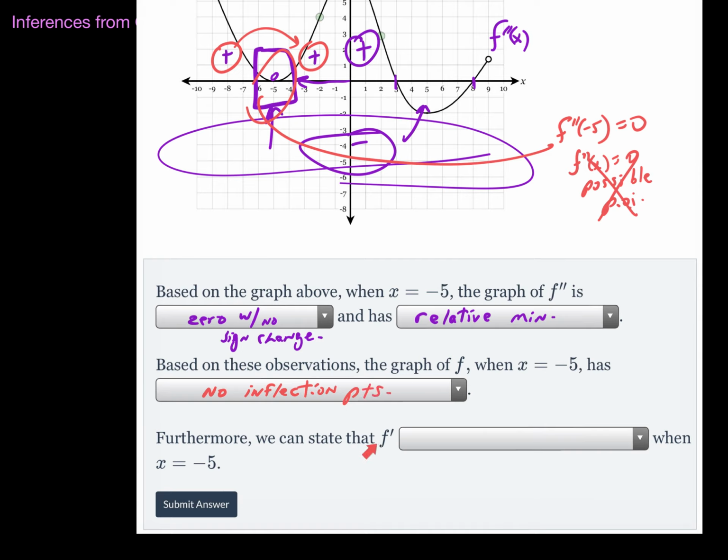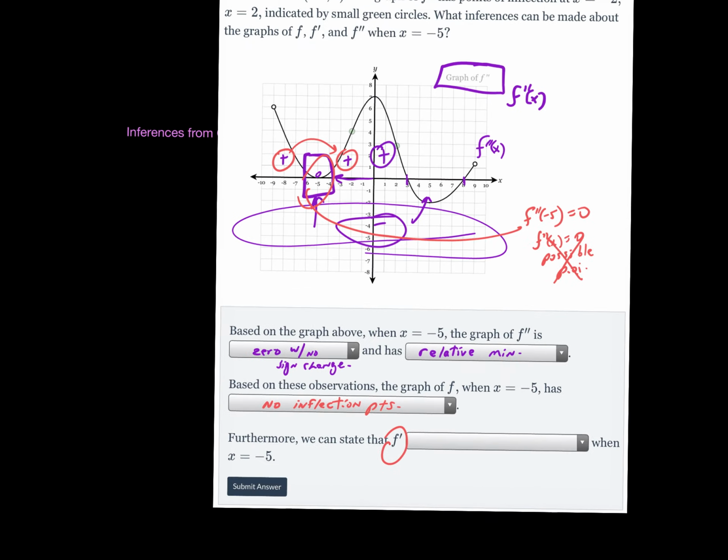Furthermore, we can state that f prime, so now they're talking about f prime. Well, let's go back to the graph here. So f prime, this is where f double prime is positive and 0 and positive. Well, these are the slopes of the tangent lines of f prime of x.